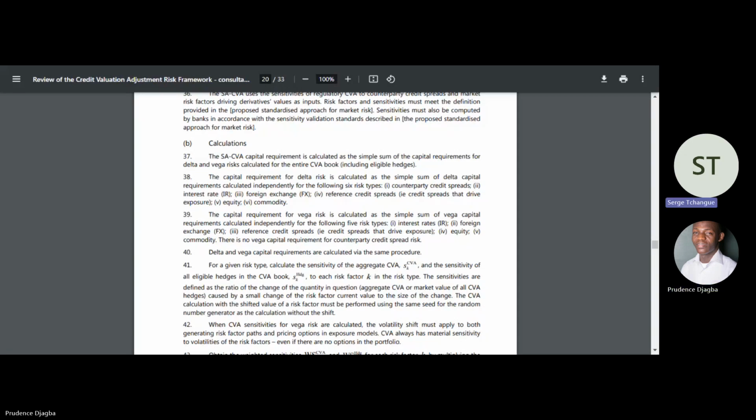Okay, I think it's good to keep this FRTB CVA in the back of your head, because most of the consulting work comes from there. It's good to be familiar and understand.